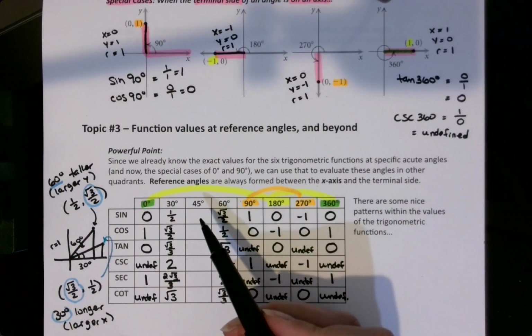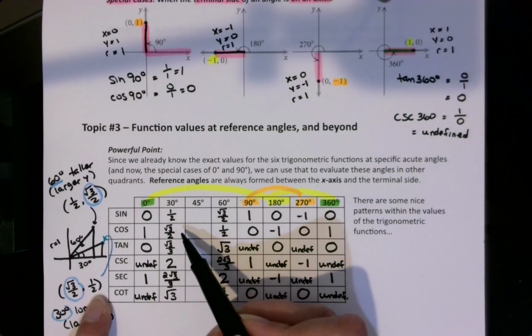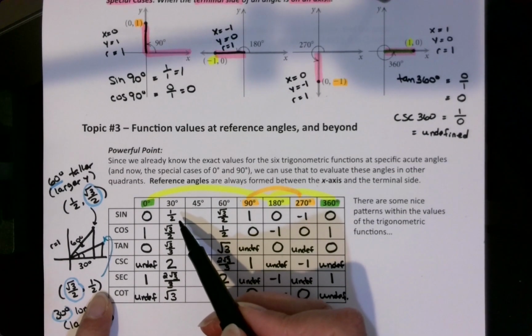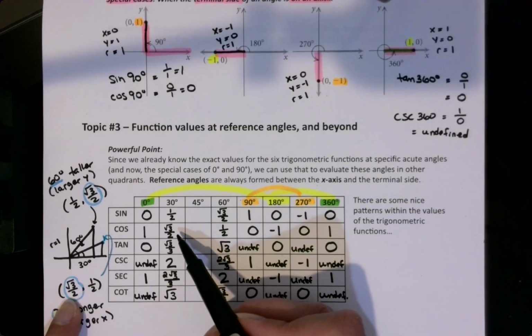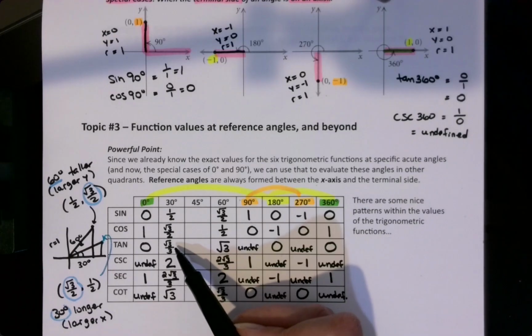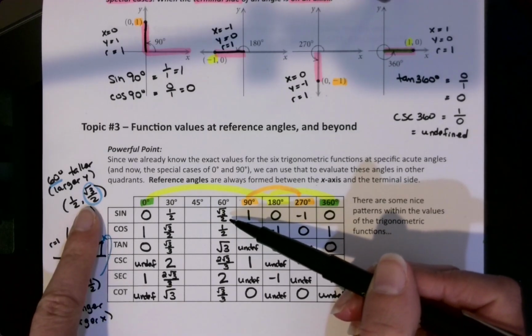If I look at y over x, 1/2 over 1 is 1/2. Sorry, it was y over r for sine. Then this is x over r. And then this is actually their quotient, y over x. Okay, y value, larger for the higher angle.